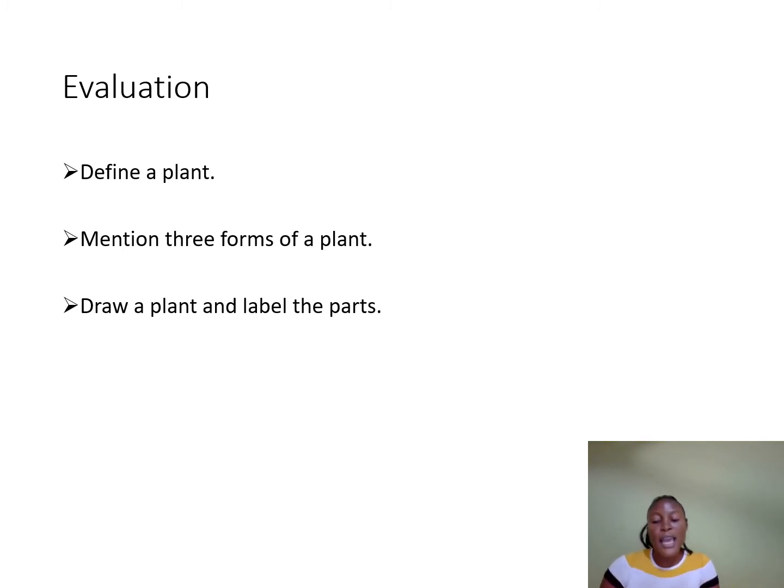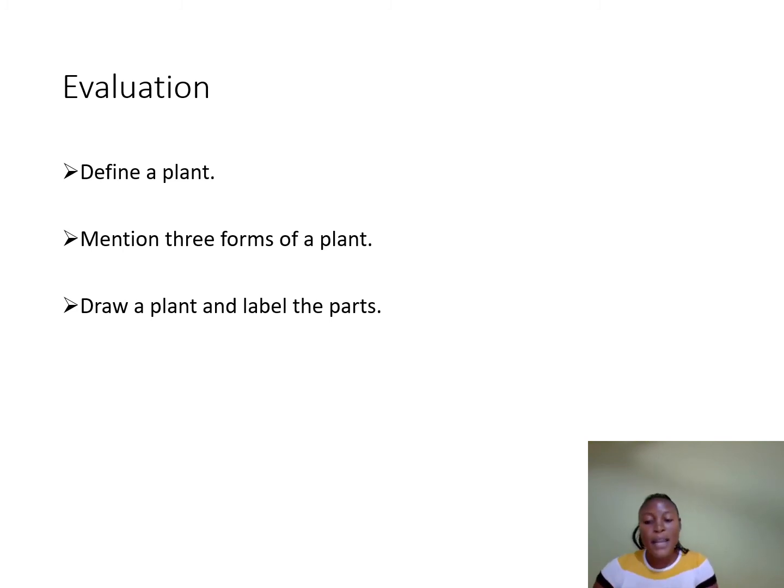We also learned examples of plants like mango plants, cashew plants, cocoa plants, plantain plants, and even cassava plants. We also went on to learn about the parts of the plant, where we got four main parts, which were the root, stem, flowers, and the leaves. We also learned about their functions and the roles they play in plants.